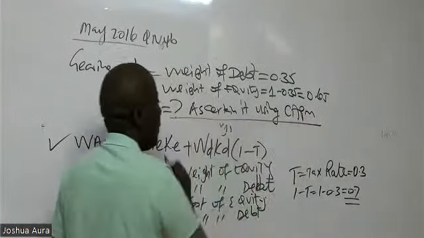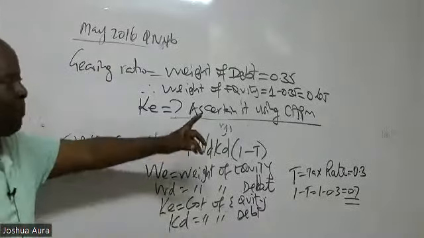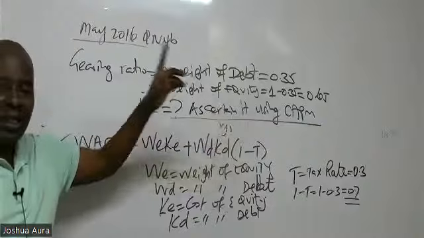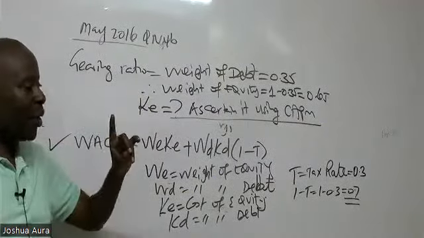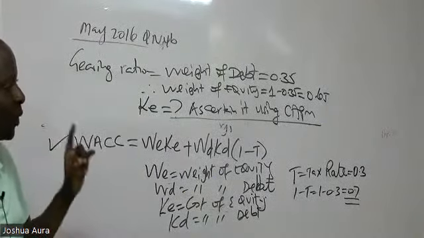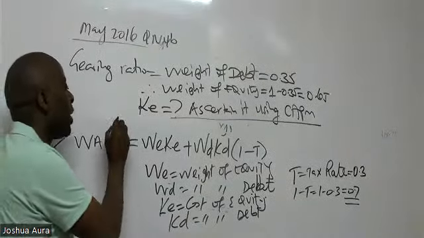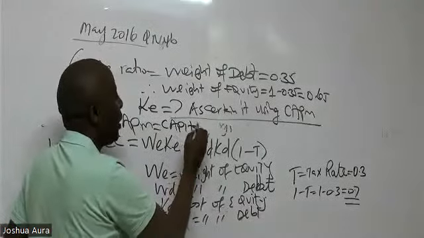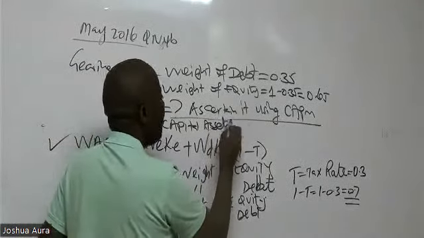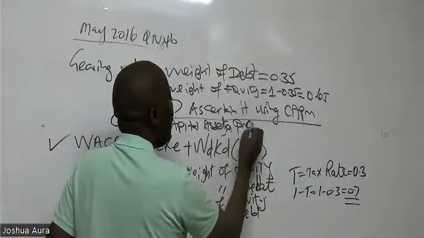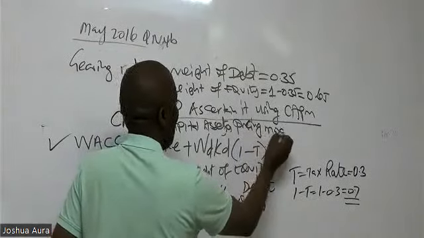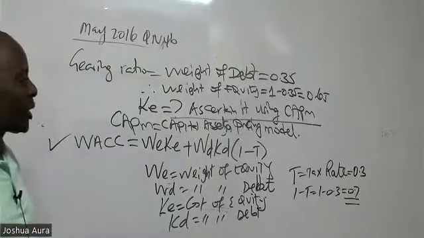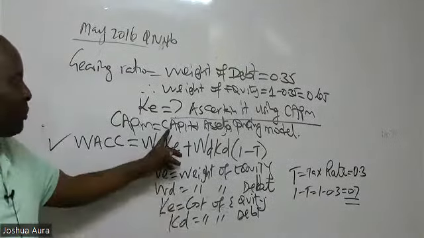For the lovers of football, CAPM is very important. So I shall ascertain it using CAPM. What does CAPM stand for in full? CAPM stands for capital assets pricing model, a very important model.